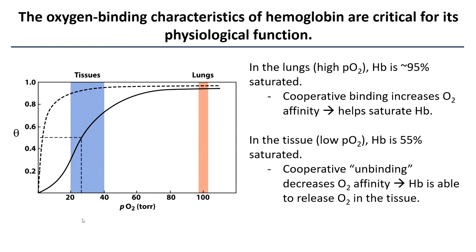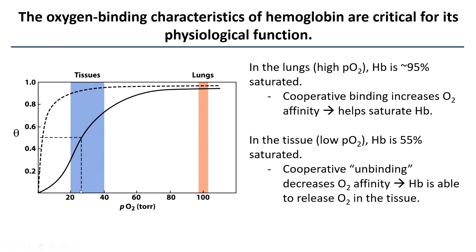lung. In the tissue, oxygen concentration drops, and that's when you see that hemoglobin is only 55% saturated. This is due to another 2 similar things. One, when oxygen falls off that first subunit, it causes the hemoglobin to move back into the tense state, and all of the neighboring subunits will be more likely to drop their bound oxygen.